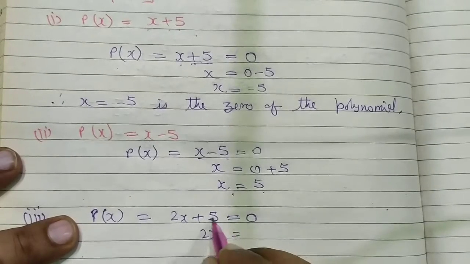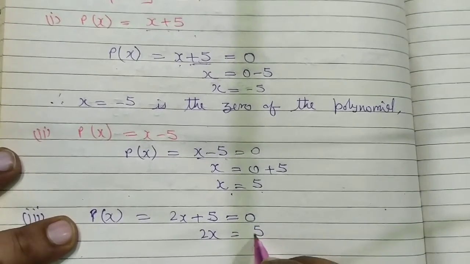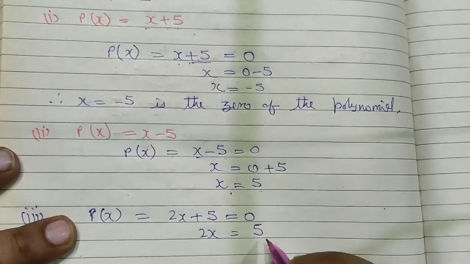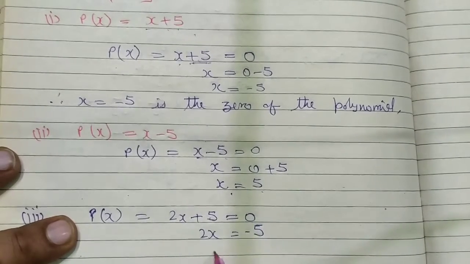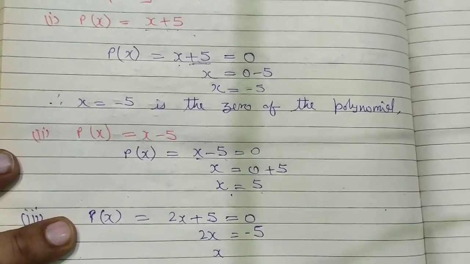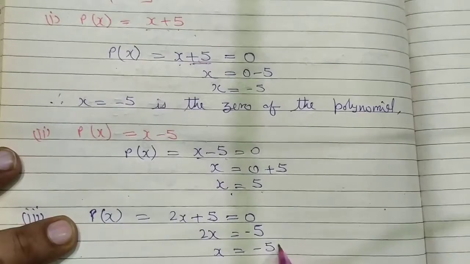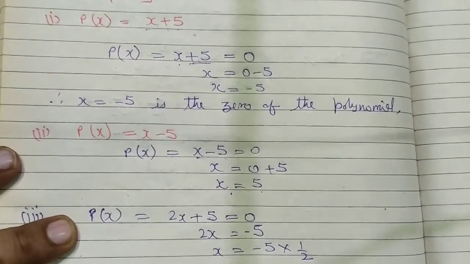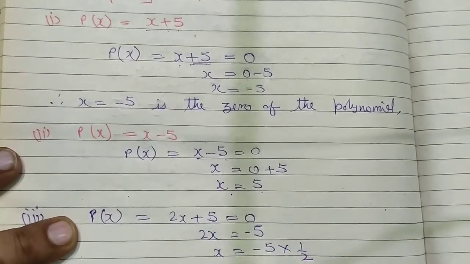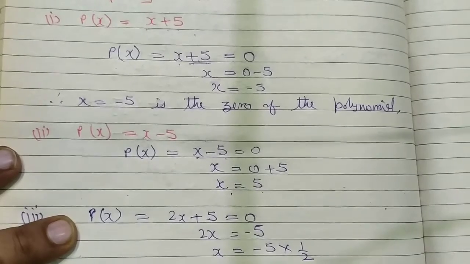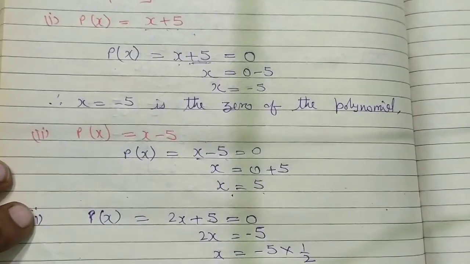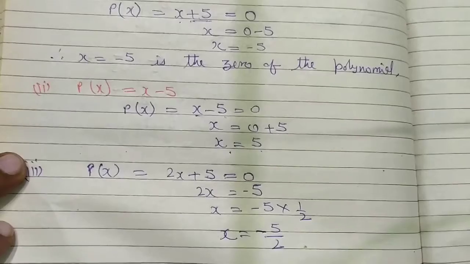So we need to move this 5 to the other side, and it will be minus, and this is 2x, which is multiplied. So when we transpose it to the other side, it will be 1 upon 2, so it will be minus 5 upon 2, right? So write the statement over here also, the same thing, right?